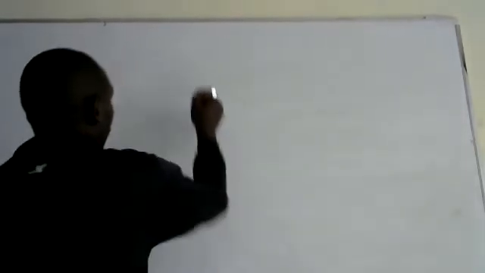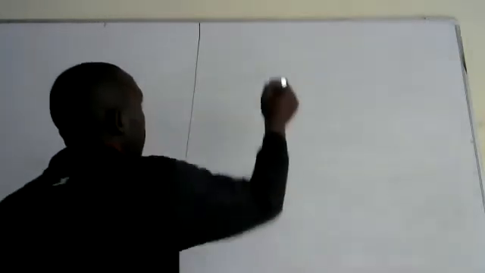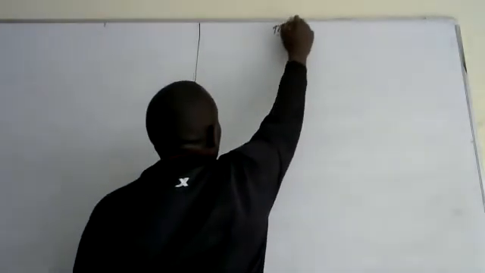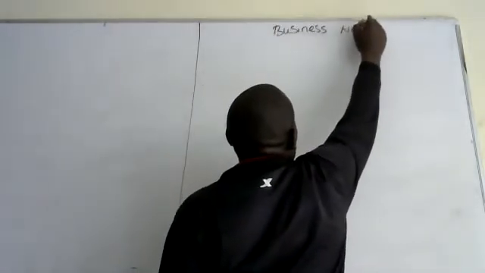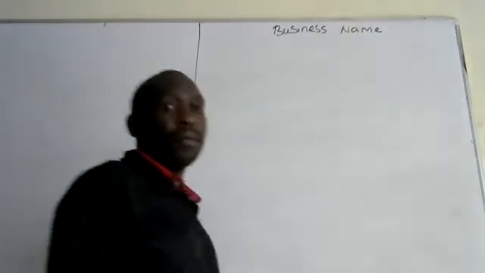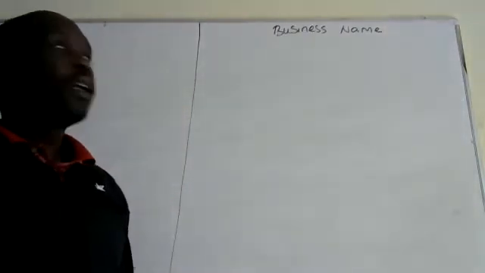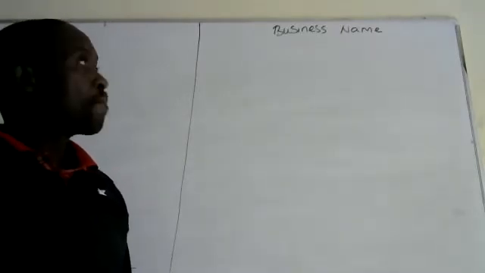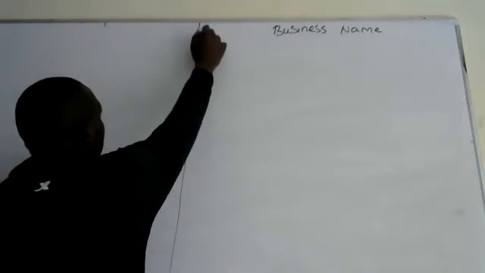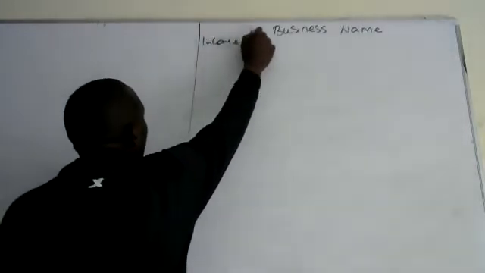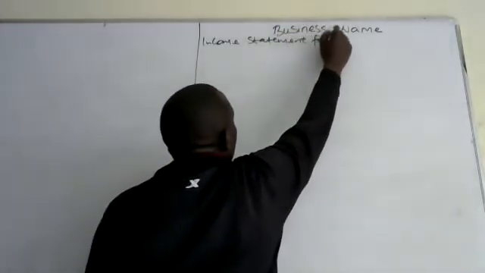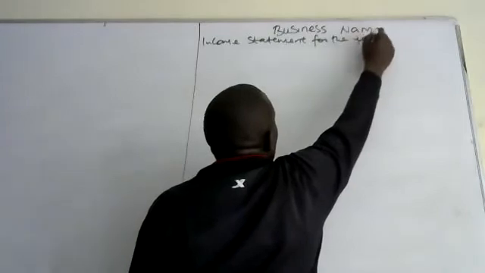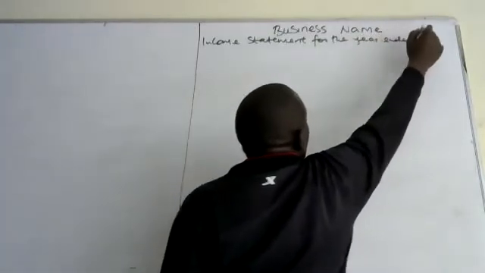We normally start with the business name, as you are going to be provided on the question paper, and then you write the income statement for the year ended.